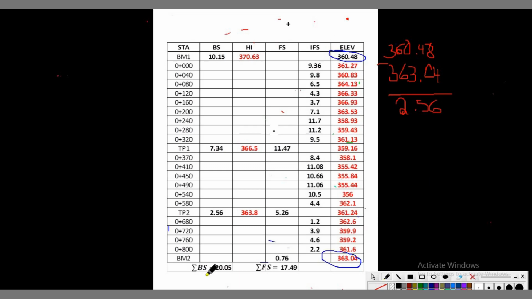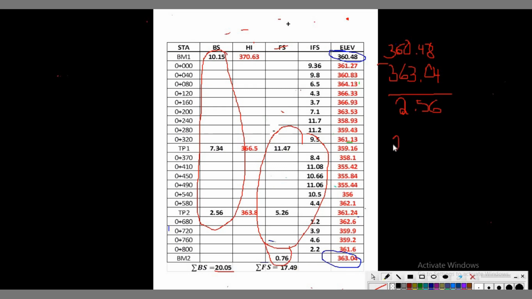To double check this one, if I take the summation of all the backsides, the sum of this backside is 20.05. And the sum of all the foresight. Again, foresight, ahaan nga IFS, but FS. Okay? So, 11.47 plus 5.26 is 17.49.